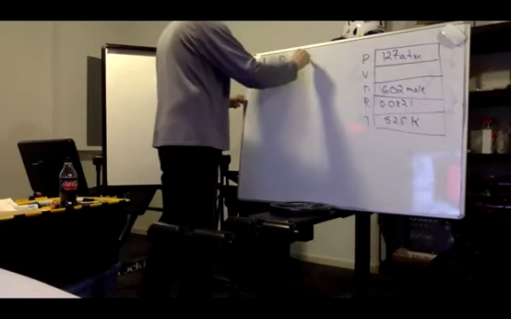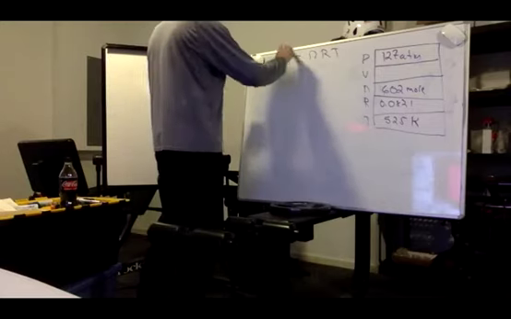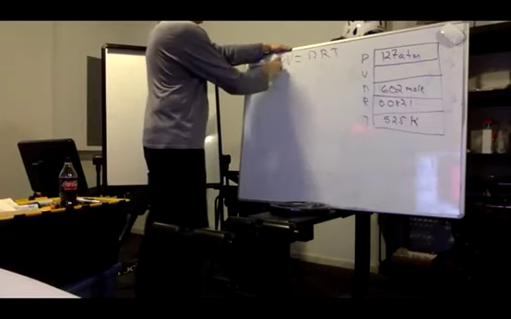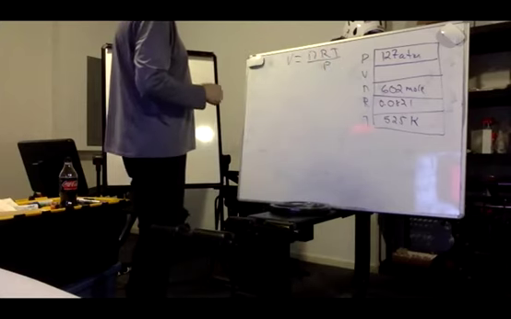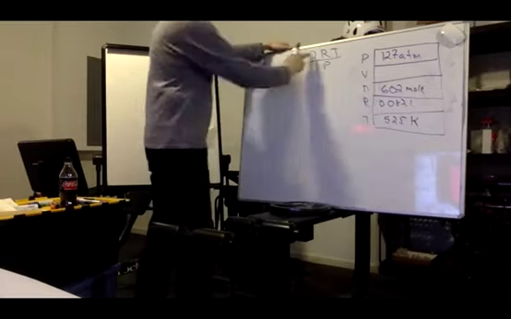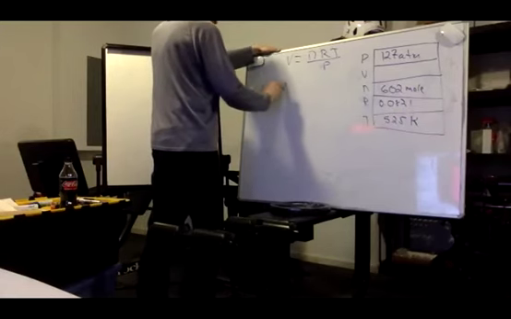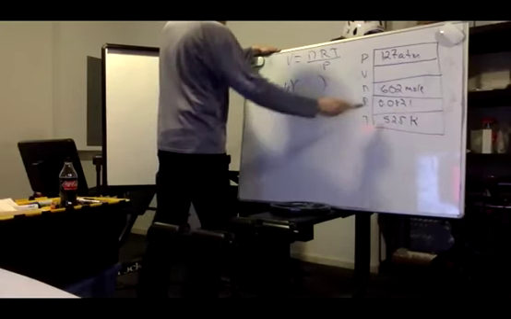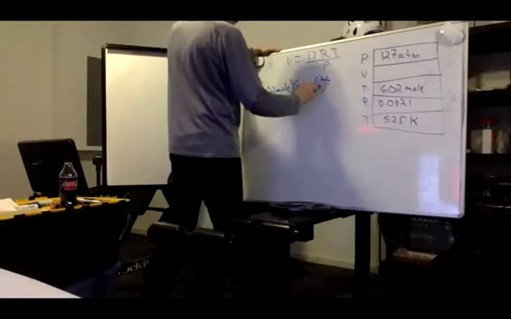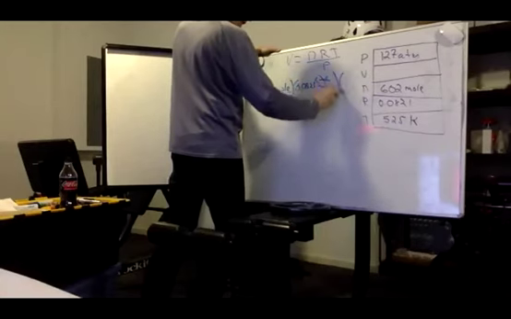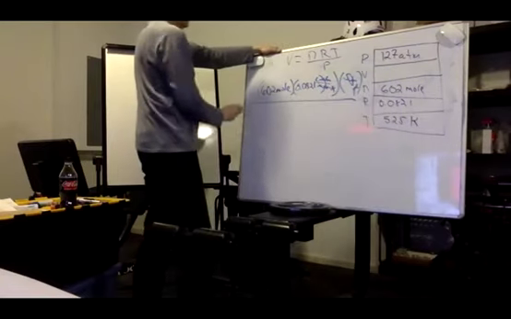So P, T, V. I need to get V by itself. P's upstairs, P downstairs. So let's take a look at what we got. 127, N 602. Do this in the right order. R, and T, and P.